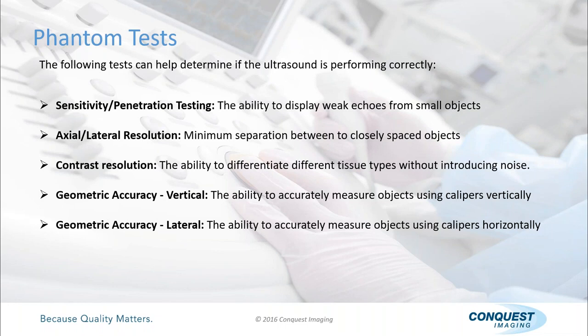So if you're testing your caliper accuracy while using a pediatric study, you might find that they're way out of calibration. A 2 centimeter caliper measurement will end up being like 2.4. It's not anywhere close. So keep that in mind.